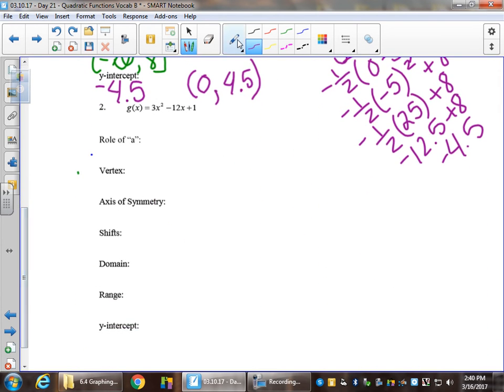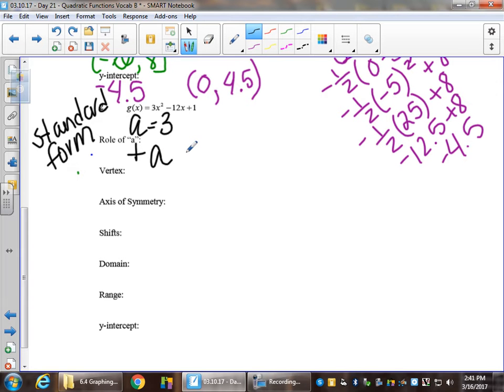Our next equation, we decided, is given in standard form. Our role of A would be 3. We have a positive A, therefore it opens up. 3 is greater than 1, therefore our parabola will be more narrow.